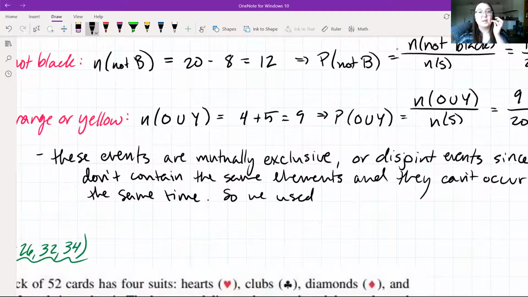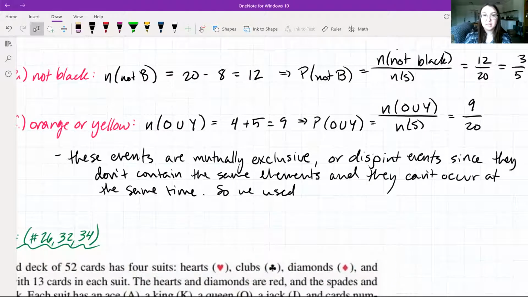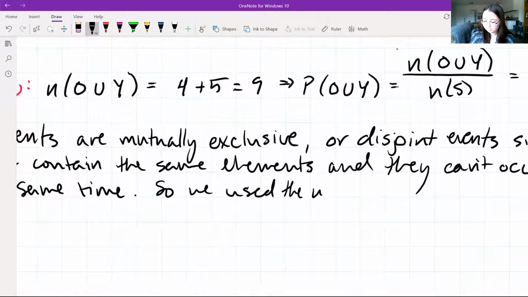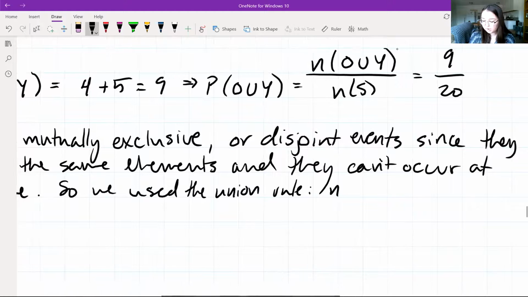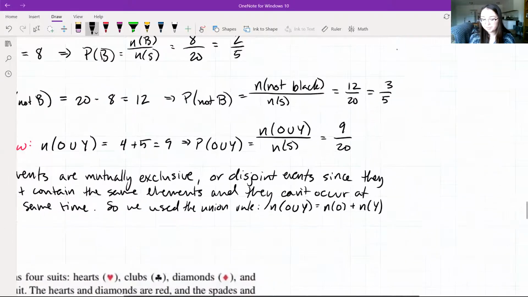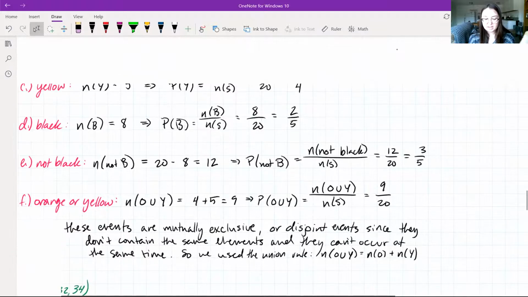So, since we know that they're disjoint or mutually exclusive, we can use our union rule, which we learned from our last section, which stated that if we just wanted to find elements and they're disjoint, this is the same thing as saying n of O plus n of Y. And that's what we did in this case.